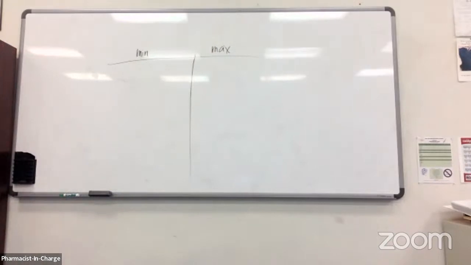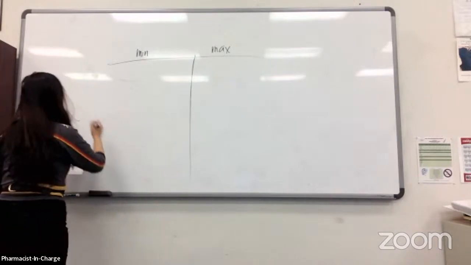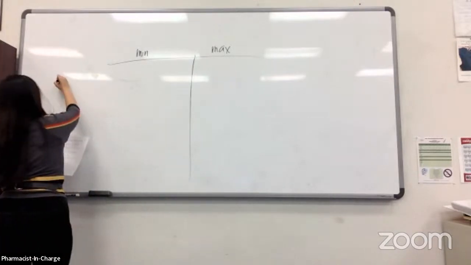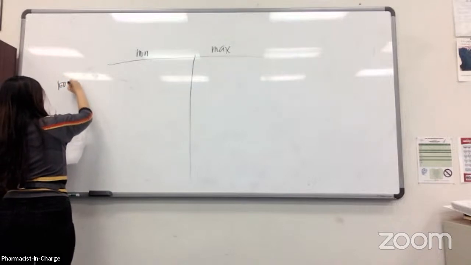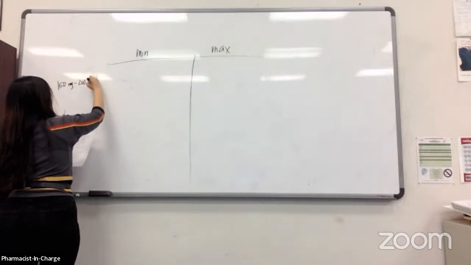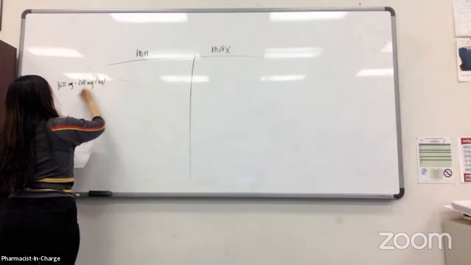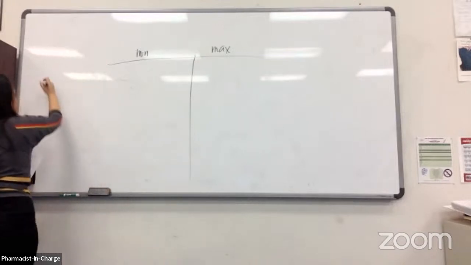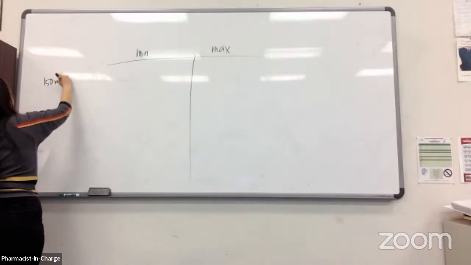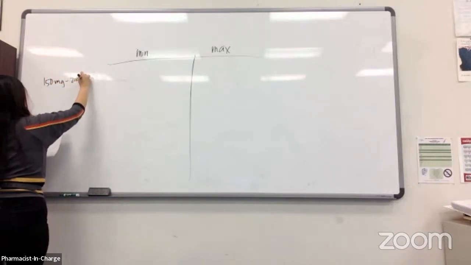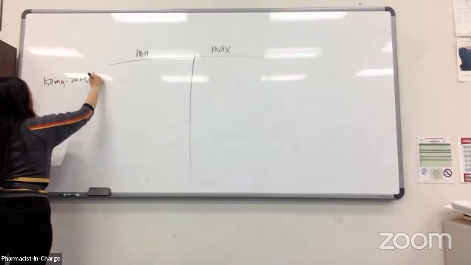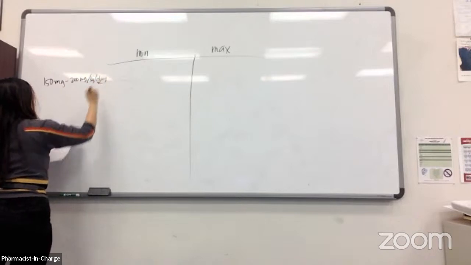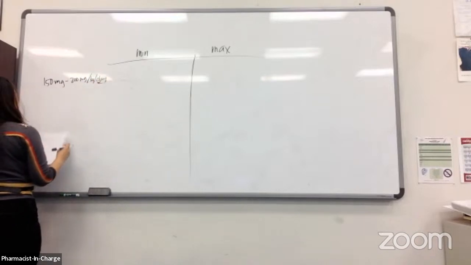Okay, number 3, milligrams per kilograms per day. The recommended dosage for the drug is 150 milligrams to 200 milligrams per kilogram per day. It's important that I put that there.